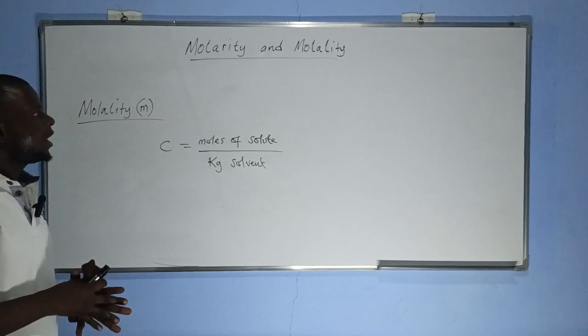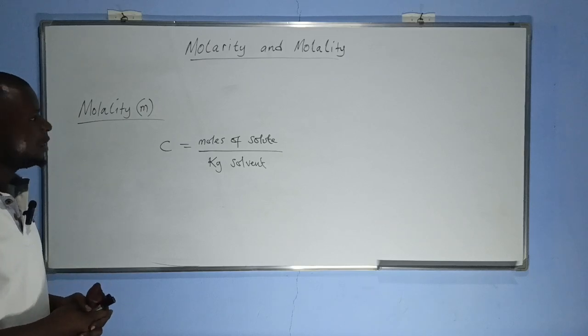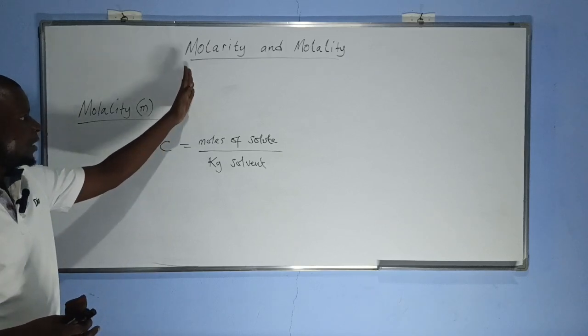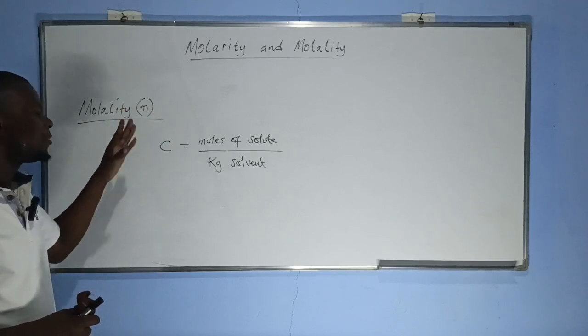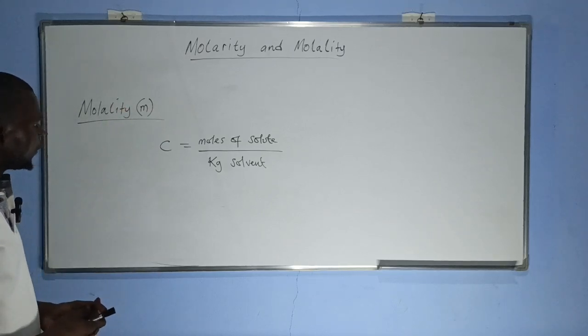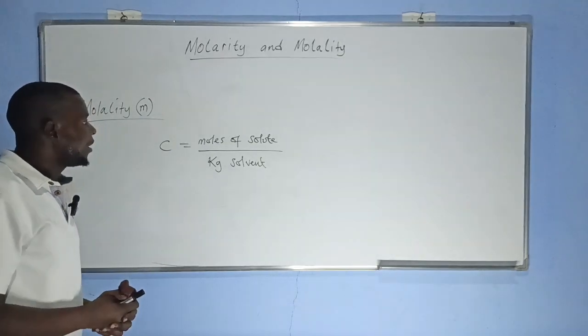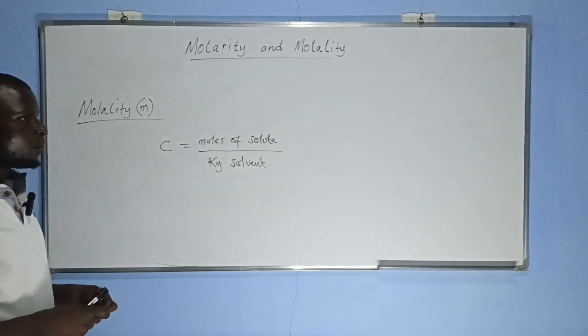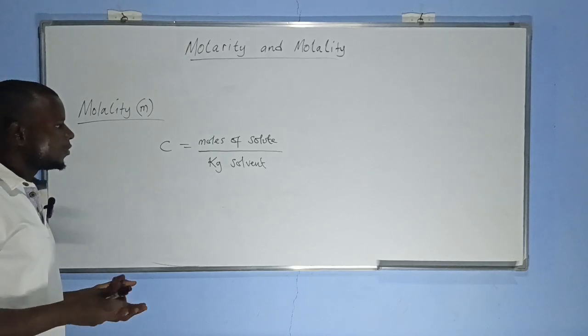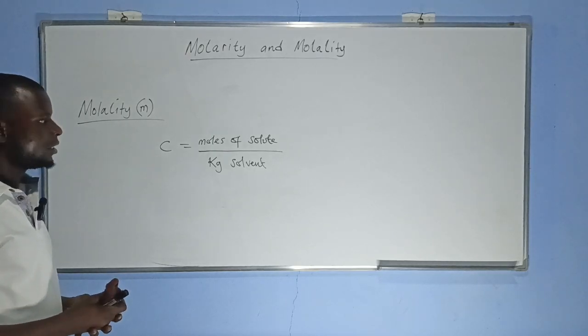That one has got an R, making it sound molarity. Molarity is represented by capital letter M. Molality is represented by a small letter m. Concentration in terms of molarity is moles of solute per liter of solution. In terms of molality, we're talking about moles of solute per kgs of solvent.